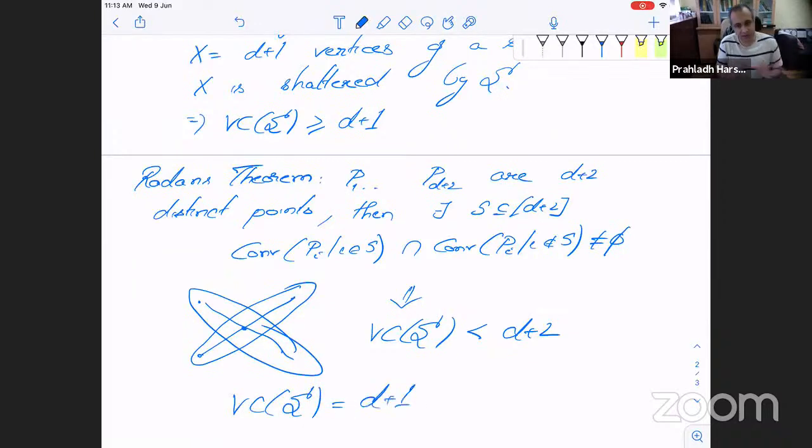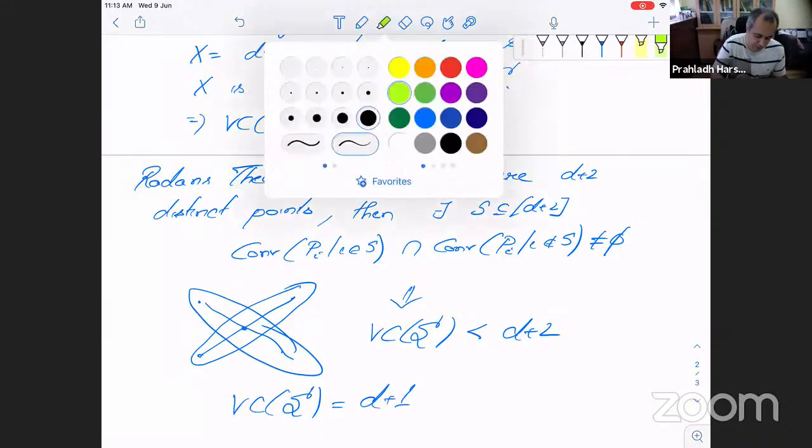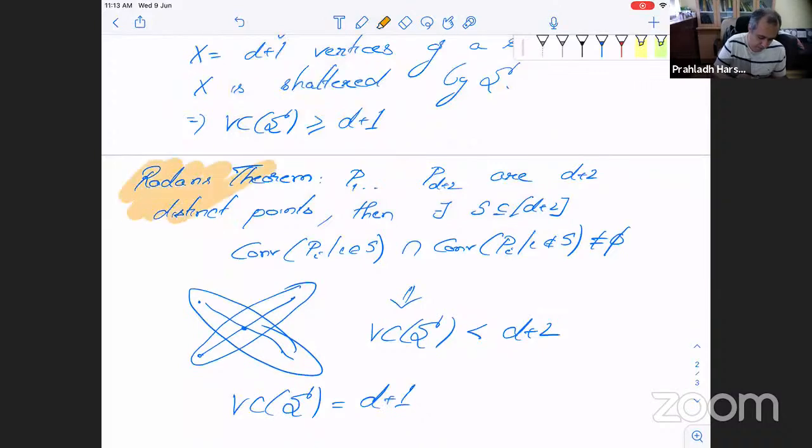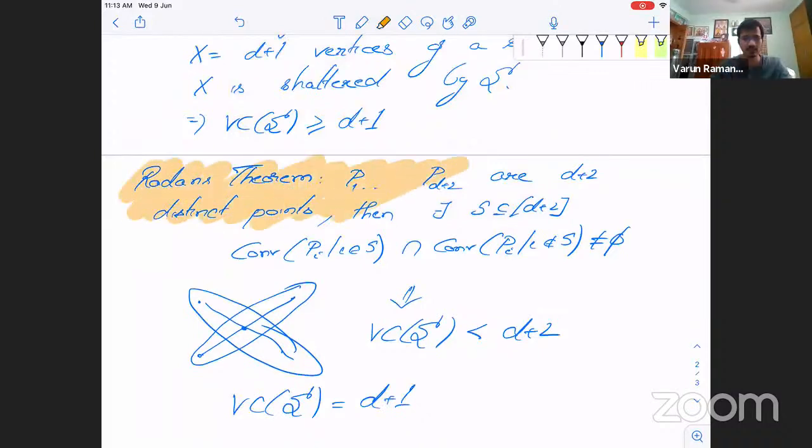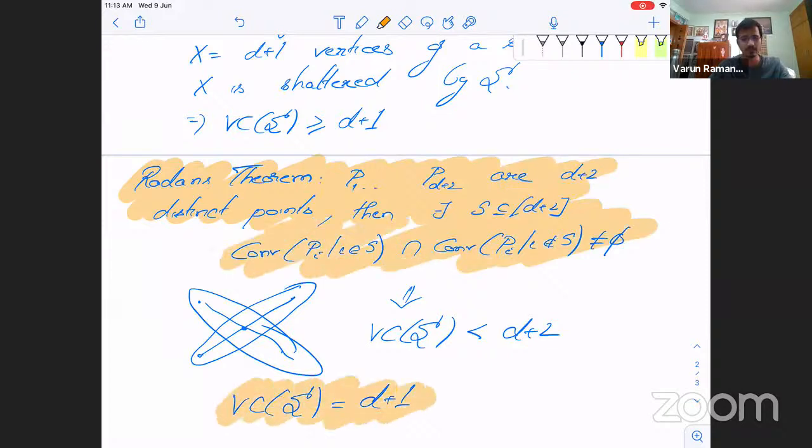This is a generic statement. Radon's theorem actually gives you this for hyperplanes.